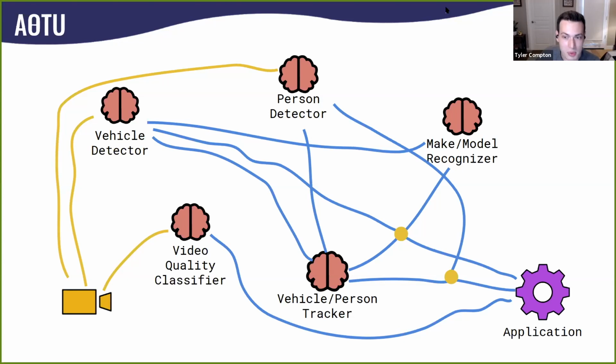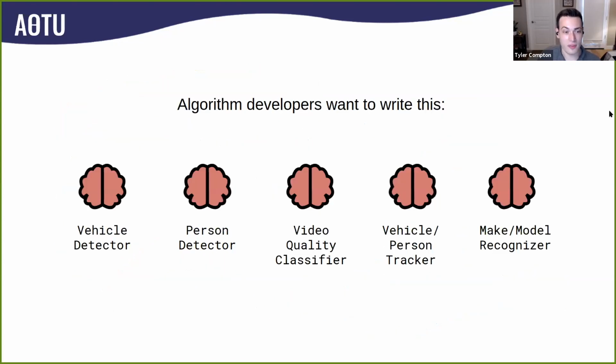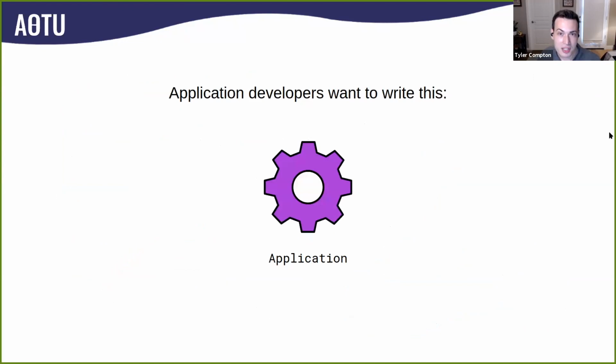And kind of the problem here is that algorithm developers want to focus on the algorithms, right? They don't want to have to think too much about how you're going to use them, beyond just the data that you're going to provide them. And application developers want to focus on what makes your application unique, right? The domain-specific requirements of the customer and how data needs to be formatted and all that. They don't really want to focus on this.